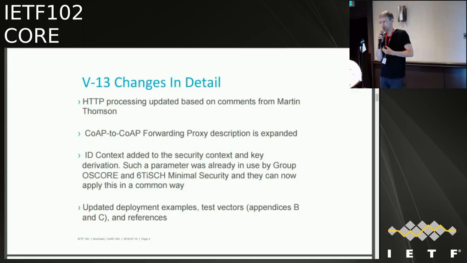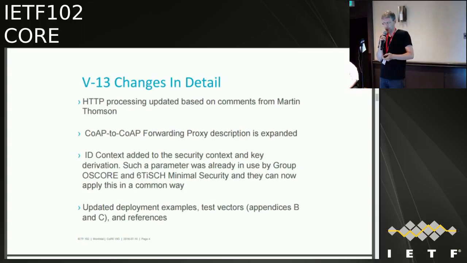And this is used both in Group OSCORE and in 6TiSCH minimal security. The change was that we now introduced this as a parameter also in the security context and key derivation. So this can be applied in a common way for those two applications.